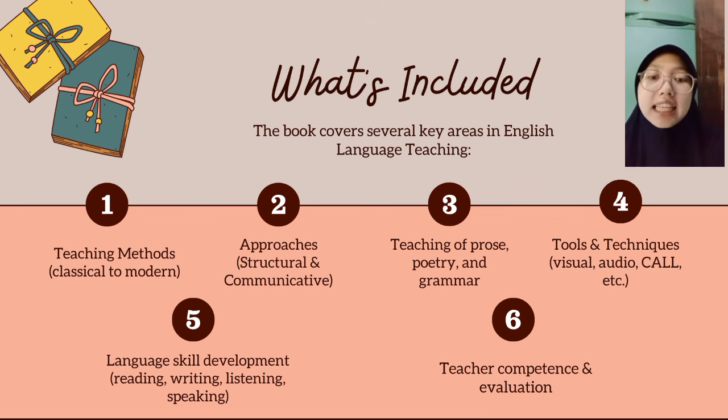First, different teaching methods, from classical to modern ones, such as the grammar translation method, direct method, bilingual method, and situational method. These methods show how English teaching has developed over time.